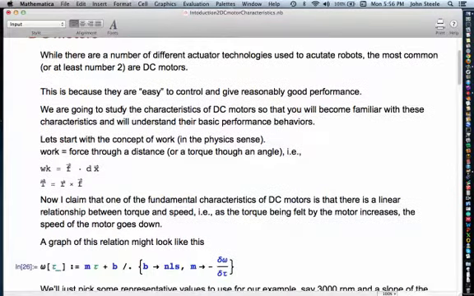Okay, so recall that we talked about work as being a force through a distance. It's also related to torque, torque through an angle. And torque is r cross f, or the radius times the force perpendicular to it.